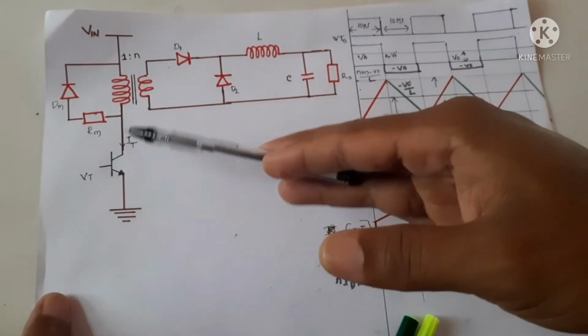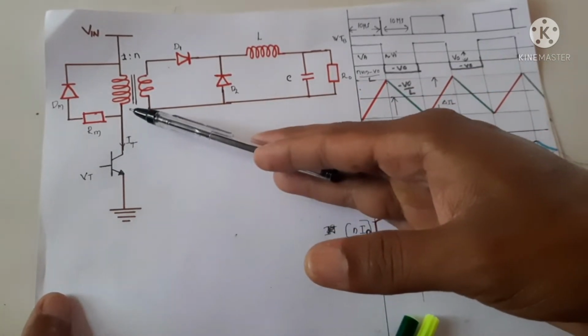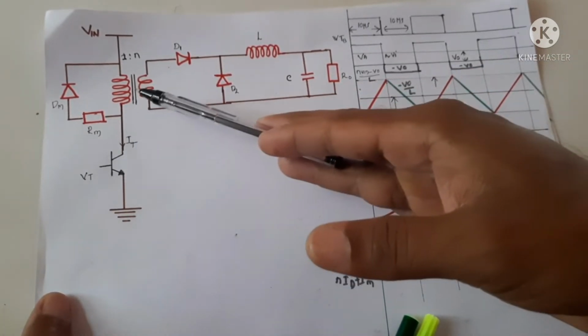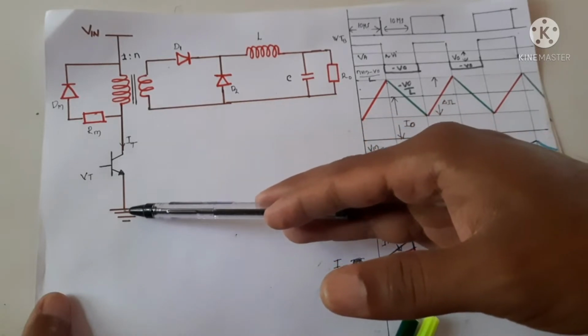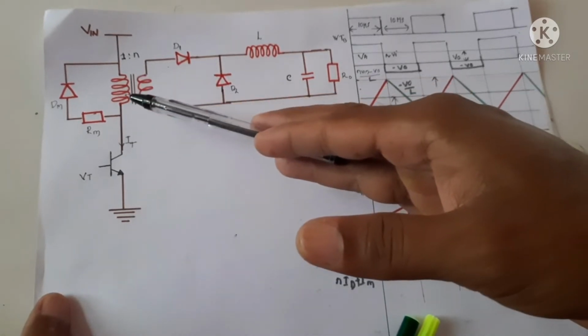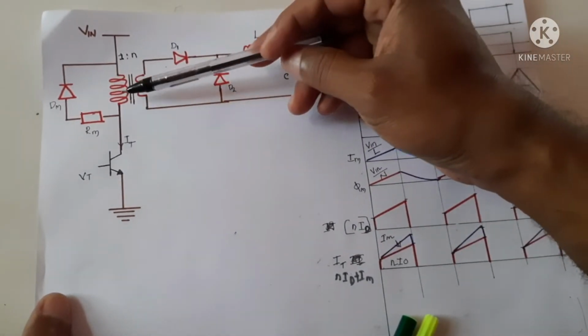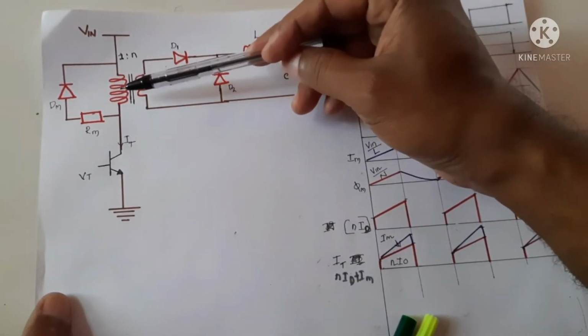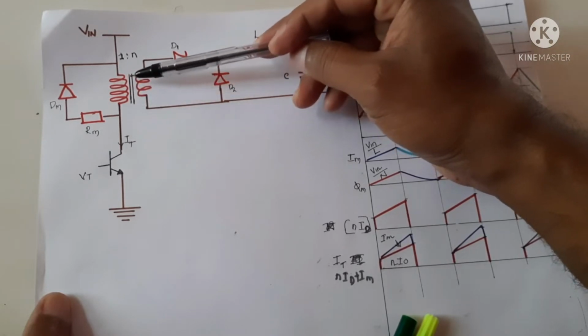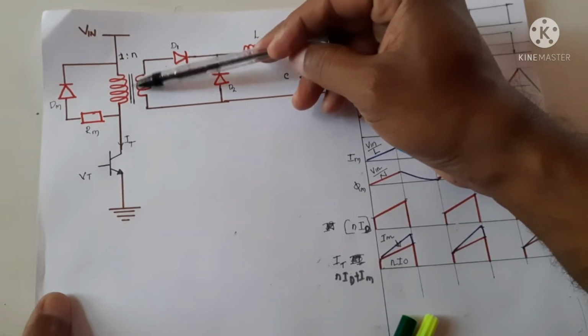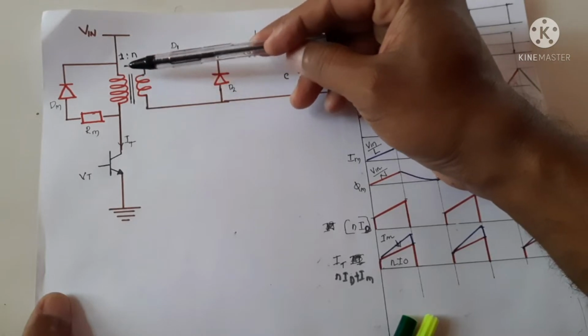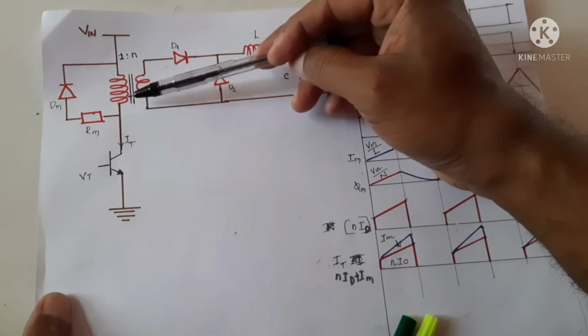How does this circuit work? When the transistor connected to the primary coil is on, a current flows through this transistor. When a current is flowing through the transistor, a magnetic field is created around the primary coil. When this magnetic field links with the core of the transformer, it creates a flux.